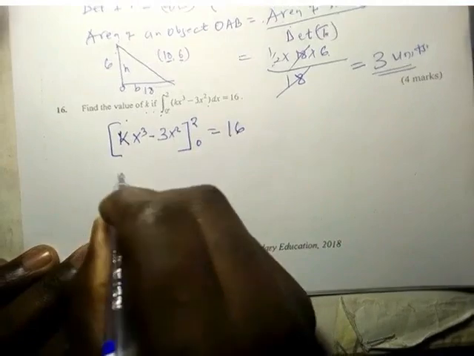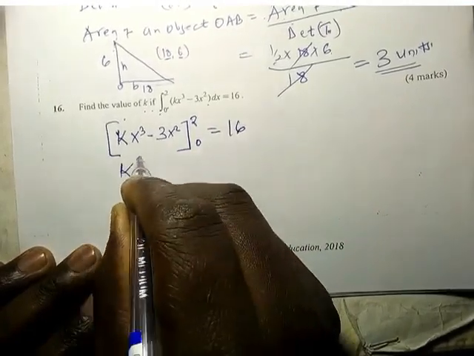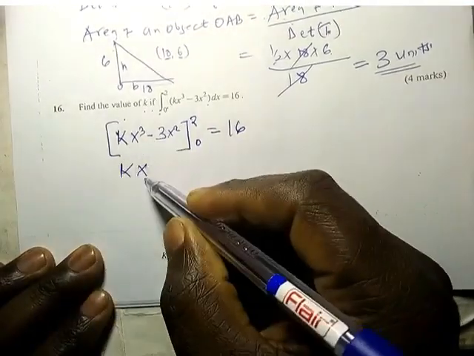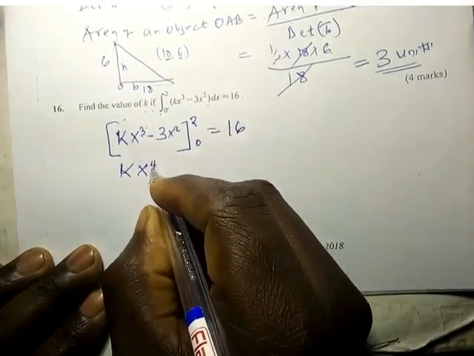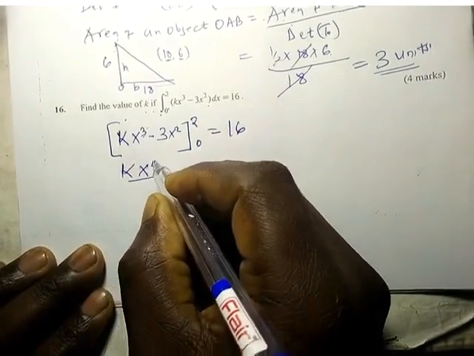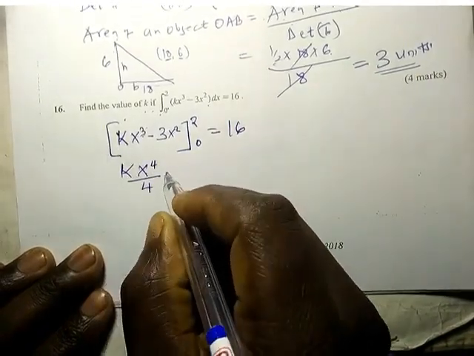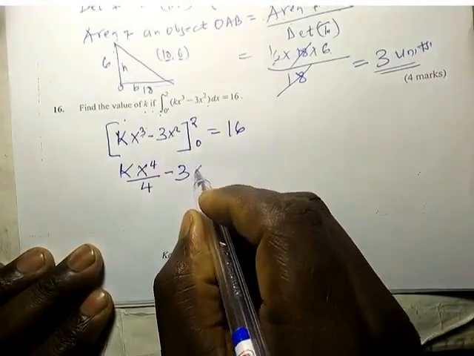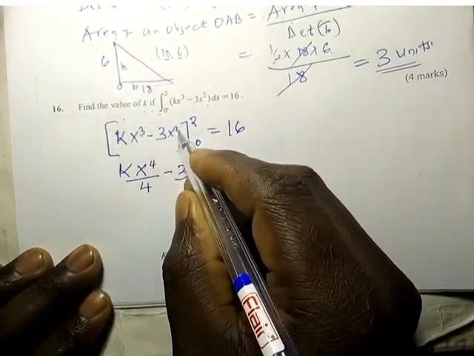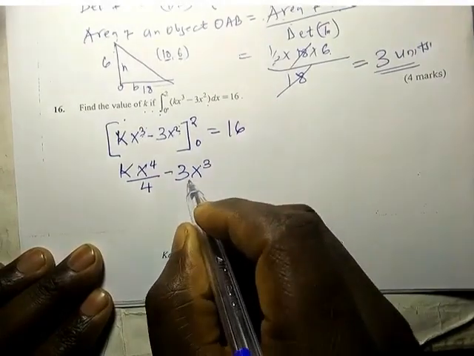So, do you know how to integrate? So k will be equal to x. When we integrate, we add 1 to the power, which is going to be 4, and then we divide by that power, which is 4. Minus 3, and then the x value is x raised to power 2. We add 1, which is now 3, divided by 3.